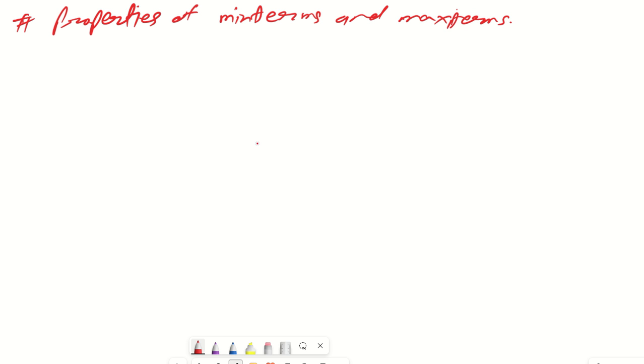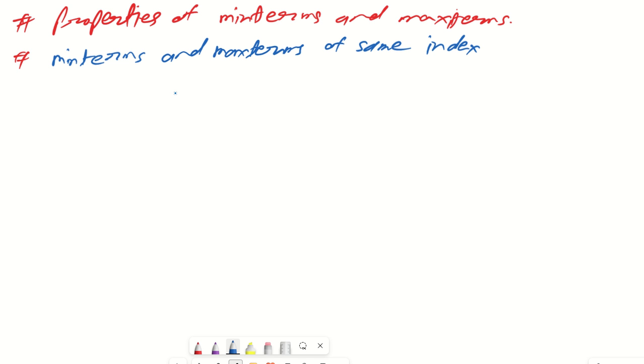Number 1: the min term and max term of the same index are mutually exclusive to each other.